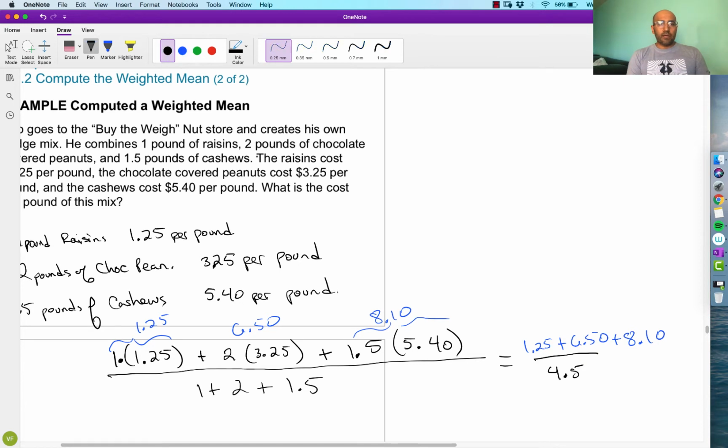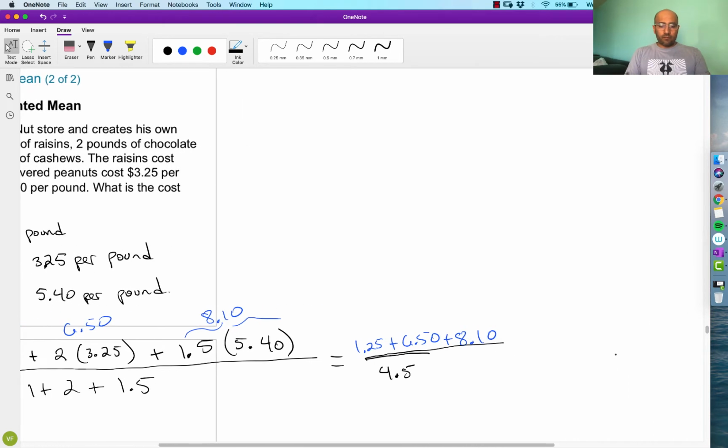So let me figure out what that is. 1.25 plus 6.5 plus 8.10 gets me to 15.85, divided by 4.5. So 15.85 now represents the total amount of money I spent on all three items.